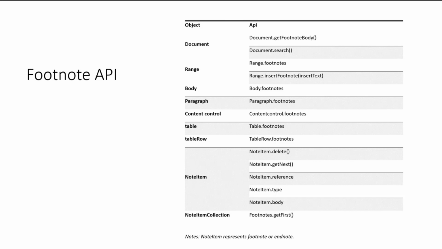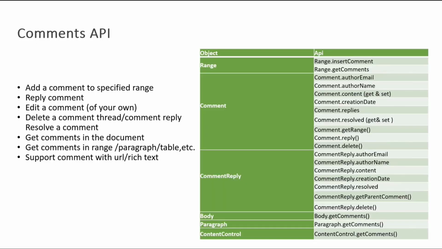For the first release, we will only support footnotes, but in future, the note item can be either a footnote or an endnote, and you can get the type from the noteItem.type. Okay, so this is the footnote API. The next one is about the comment.